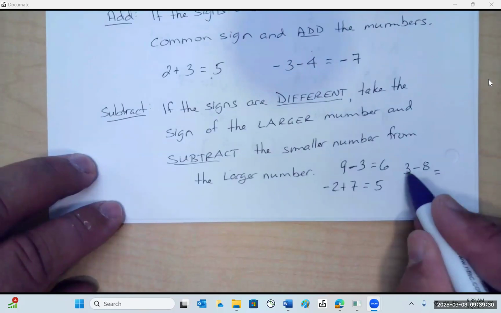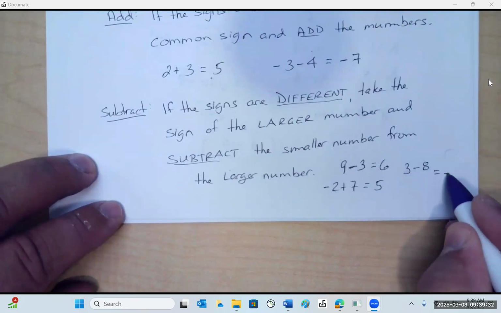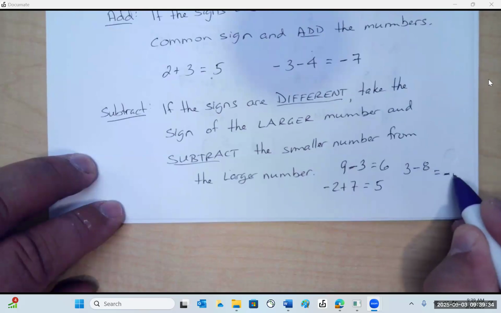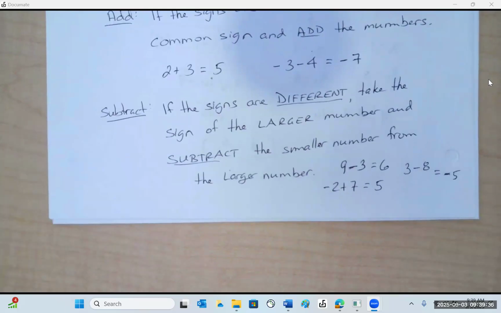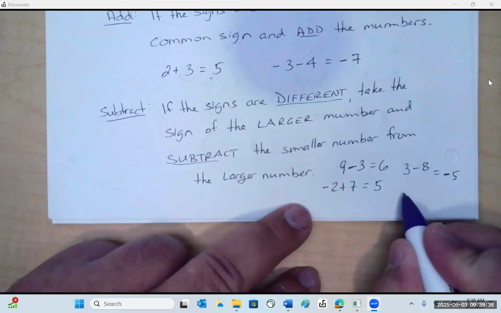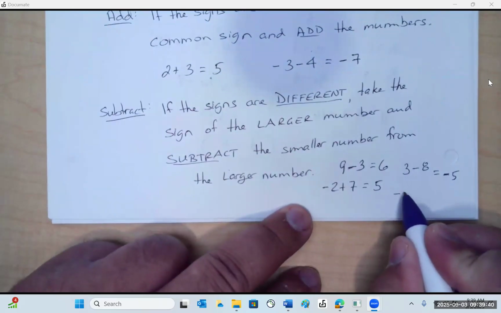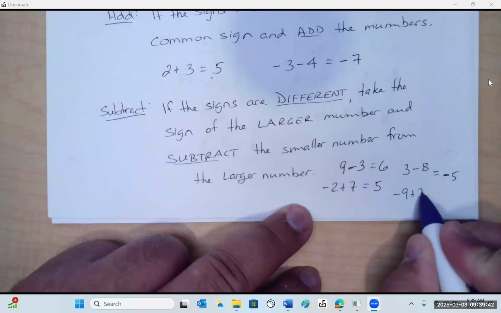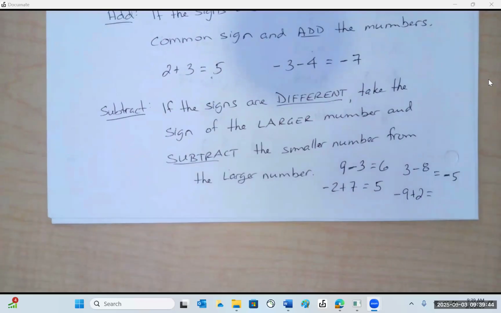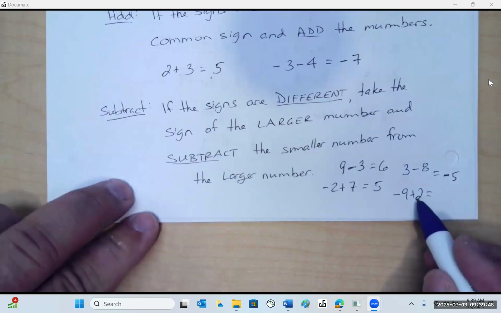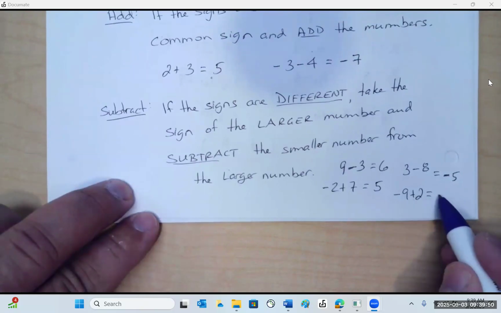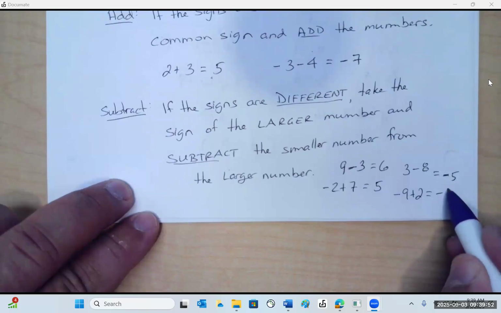Yeah, because 8's bigger than 3. It's negative. 8 minus 3 is 5. Negative 9 plus 2. Is the answer going to be positive or negative? Negative, because 9's bigger than 2. It's negative. 9 minus 2 is 7.